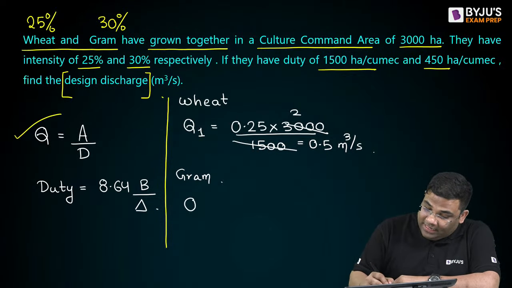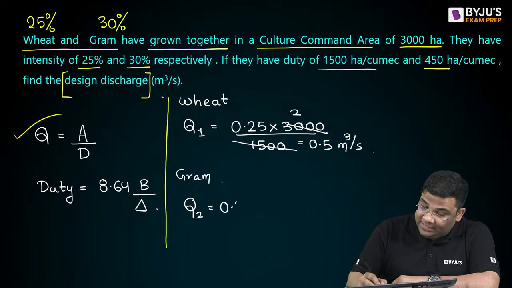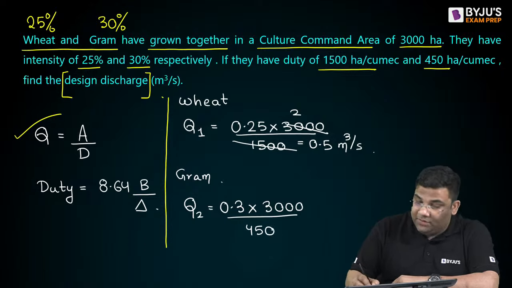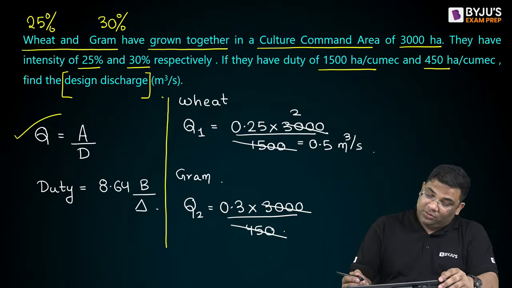And when we're going for the gram, the area of irrigation will be the intensity into the CCA, and then divide by 450, which is the duty.